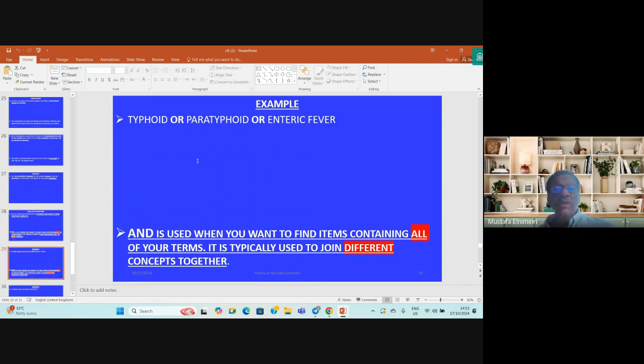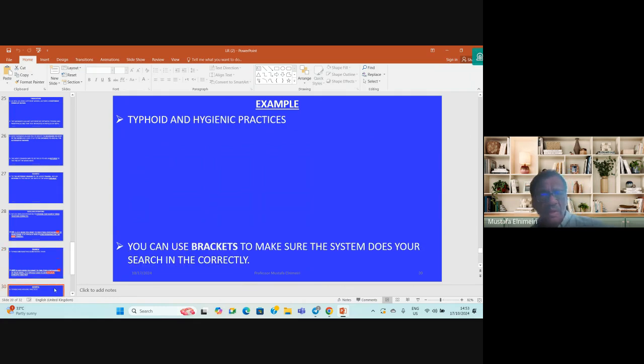For example, typhoid or paratyphoid or enteric fever. It means that you compile these three. AND is used instead when you want to find items containing all of your terms. It is typically used to join different concepts together. For example, we can talk about typhoid and hygienic practices.